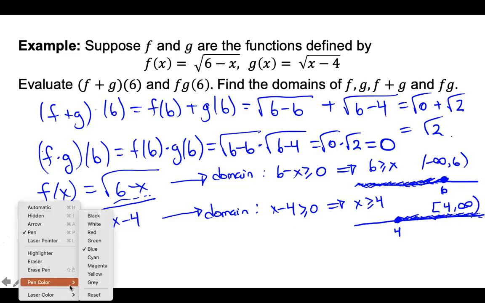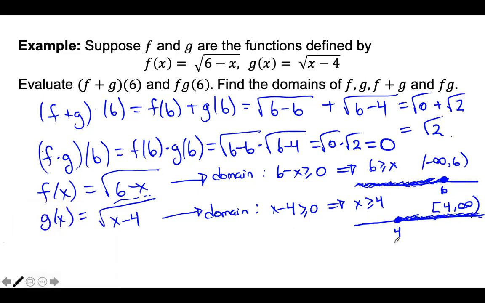Now changing colors, we see where do they both live? The X values where the sum and product make sense. Where would that be? Right, yeah, 4 to 6. So we can kind of draw here and here. This is from 4 to 6.